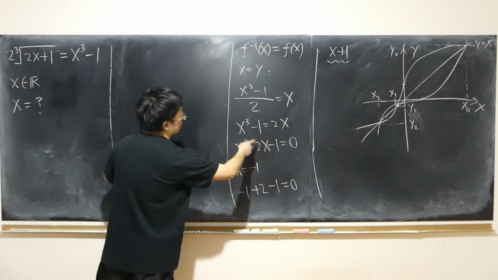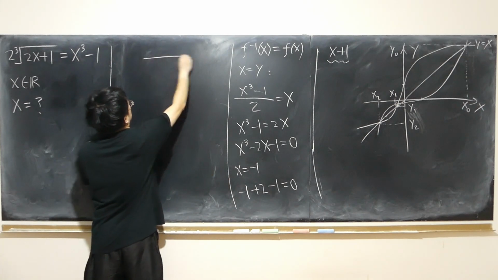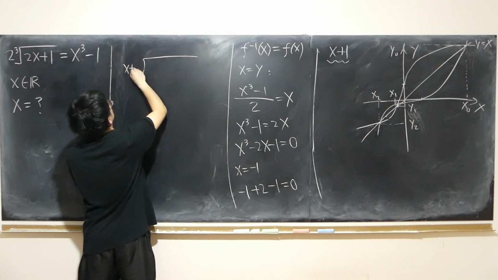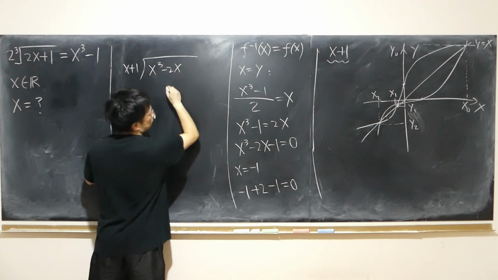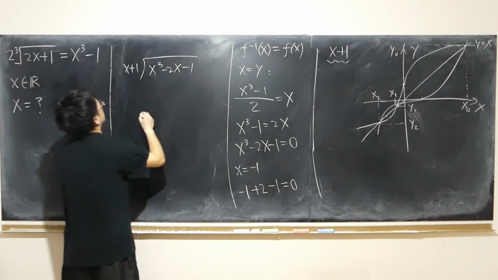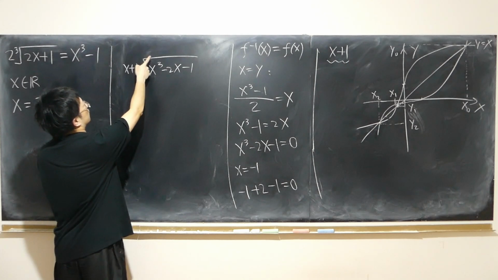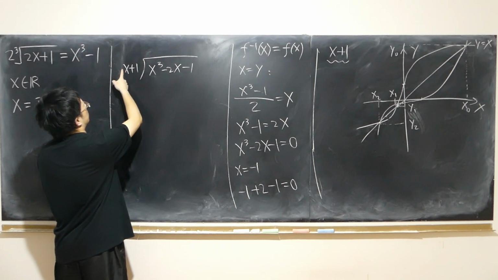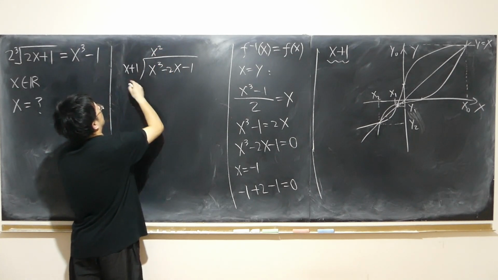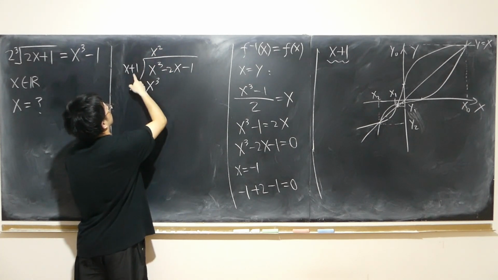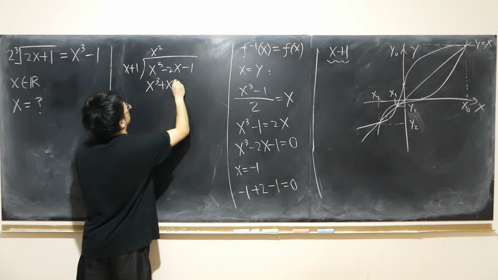We divide x cubed minus 2x minus 1 by x plus 1. I can come up with some number multiplied by x that gives me x cubed, so I get x squared, multiplied gives x cubed and also plus x squared.